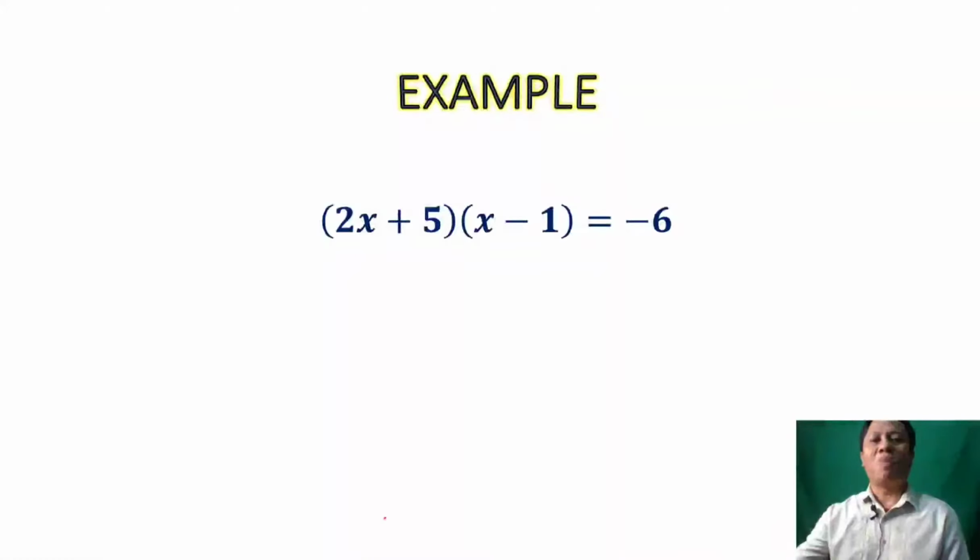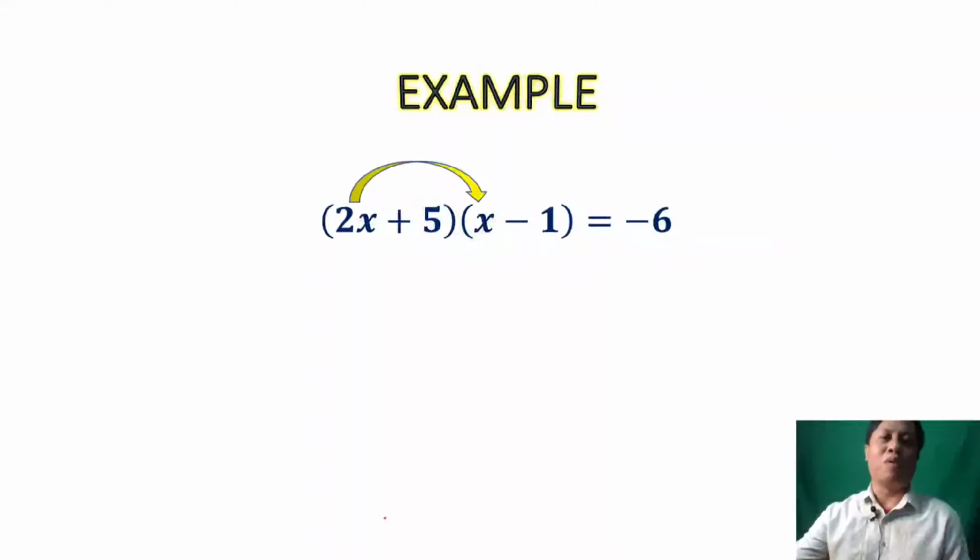How about the quantity 2x plus 5 times the quantity x minus 1 equals negative 6? Is this a quadratic equation? That is again a quadratic equation but not written in standard form. To write that in standard form, we have to expand the product of 2x plus 5 and x minus 1.